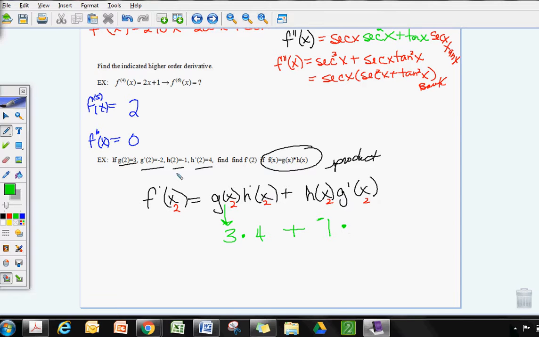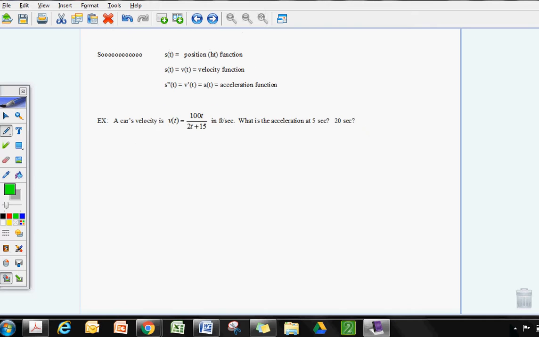And then g prime of 2 gets replaced with a negative 2. So now you've got 12 plus 2. My answer is 14. So this is just a way to double check to make sure that you understand what the product rule is. Okay, last slide.